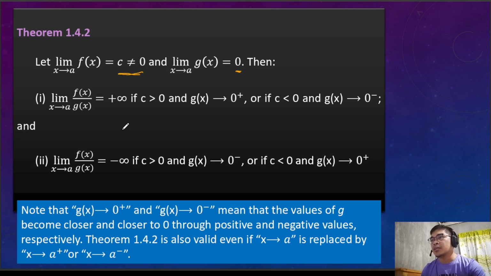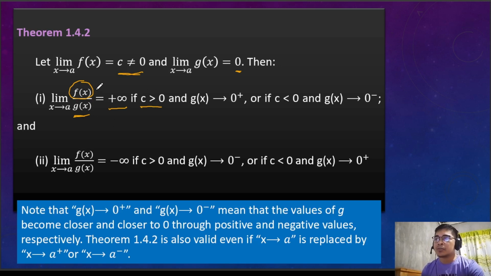So first, limit of f of x over g of x as x approaches a equals positive infinity if c is greater than 0. What is our c? That is our f of x. That is our c. Must be greater than 0. Tapos, ang atong g of x, the denominator, must be a 0 from the right.